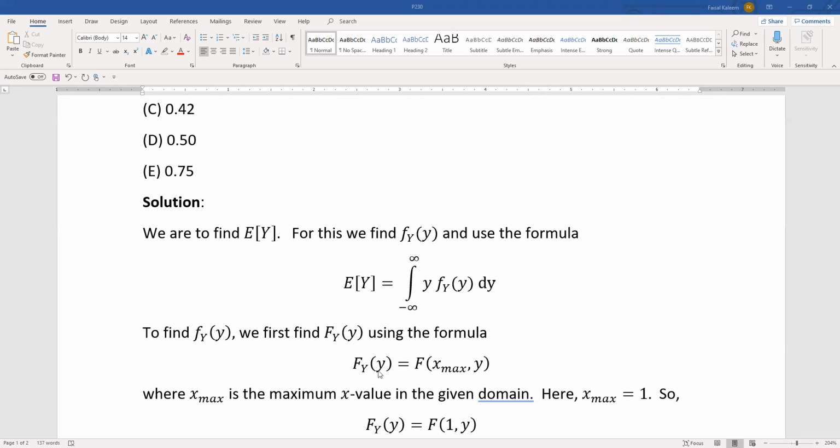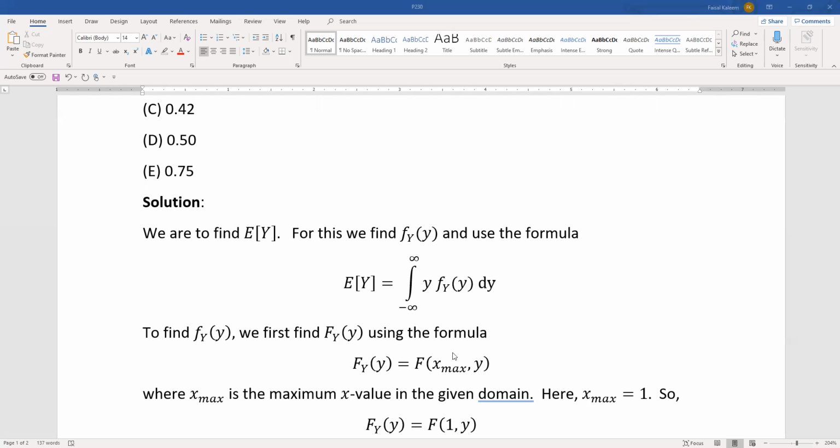You look at the domain, see the highest value x can take, and substitute that value in the joint CDF, and that gives you the marginal CDF of Y. Similarly, to find the marginal CDF of X, you would substitute the maximum value of y.